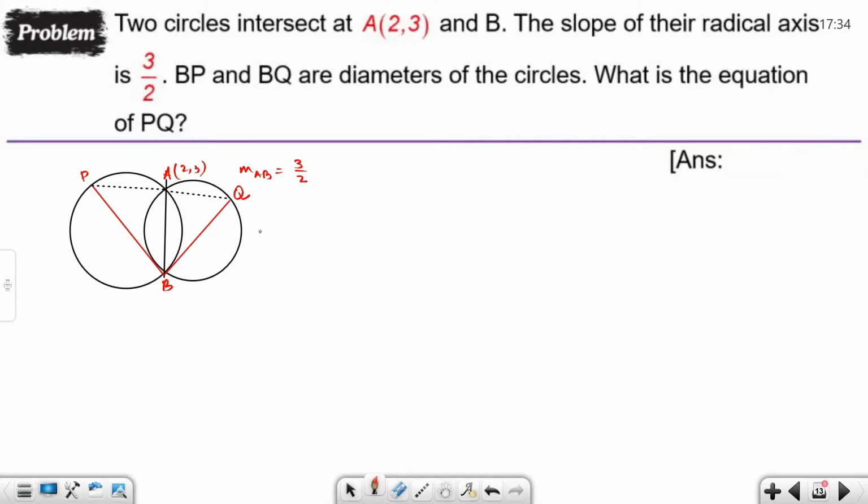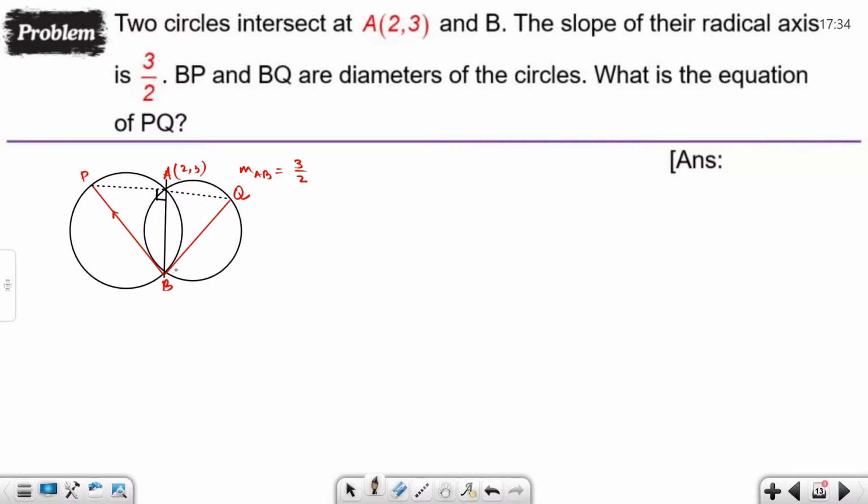Now the question comes how to prove that. It is a very simple thing. For the first circle, PB is the diameter. So what you can say? Angle PAB is nothing but 90 degrees. Why? Because we all know that the angle in a semicircle is always a right angle. Therefore, PAB will be 90 degrees.